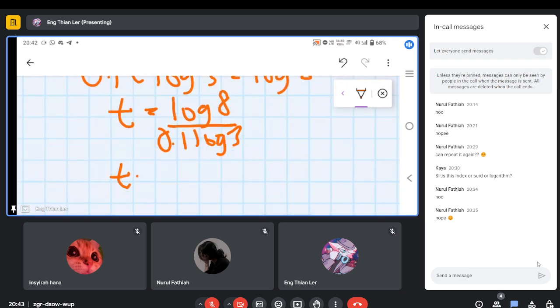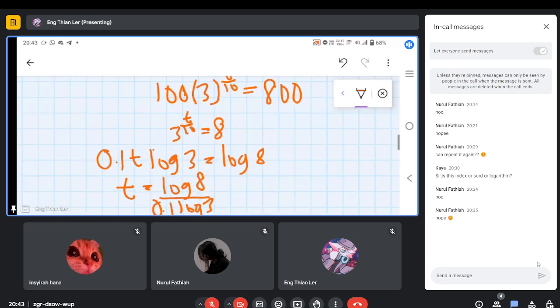So you press on the calculator: log 8 divided by bracket 0.1 log 3. You get 18.927 hours.